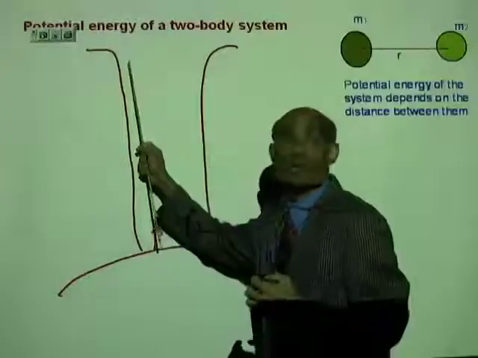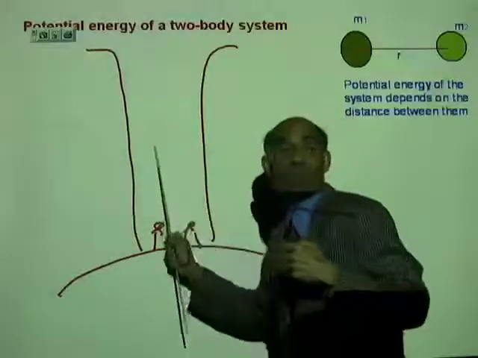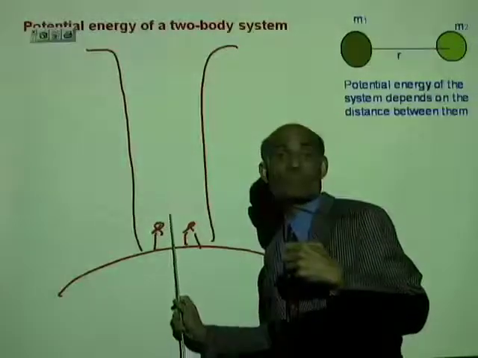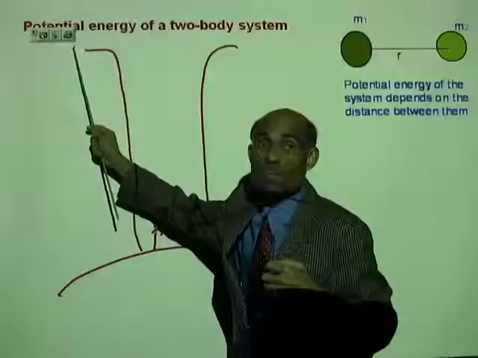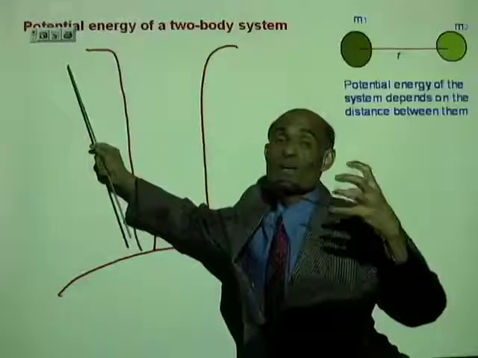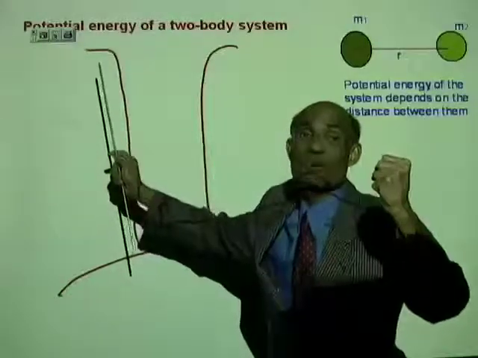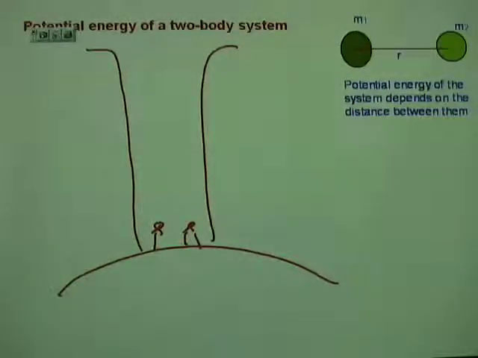As long as you are in the Earth's gravitational field, you are in the potential well. Only when you are out of the Earth's gravitational field do you come out of the potential well, and your potential energy becomes 0. Alright, we will talk about that as we go on.